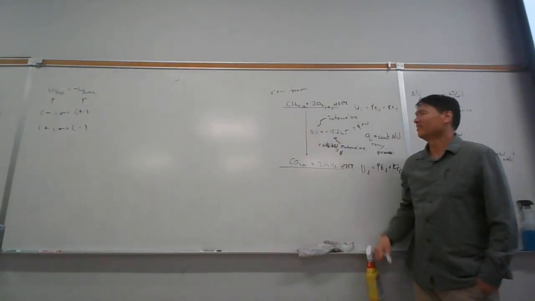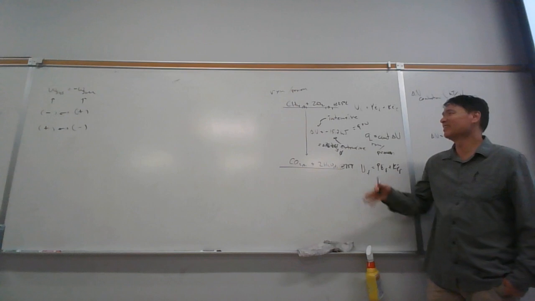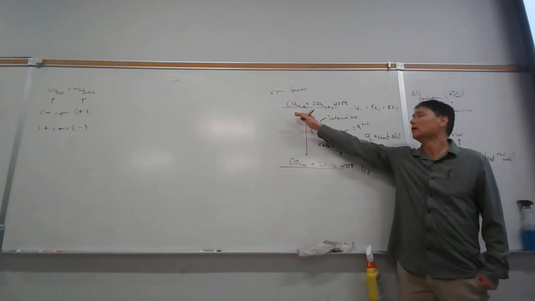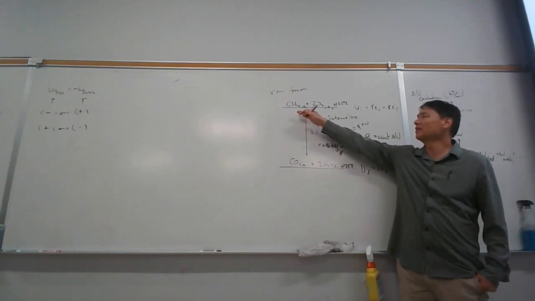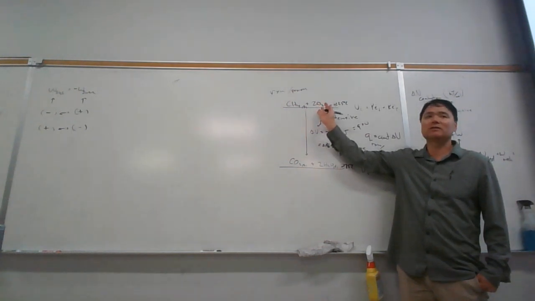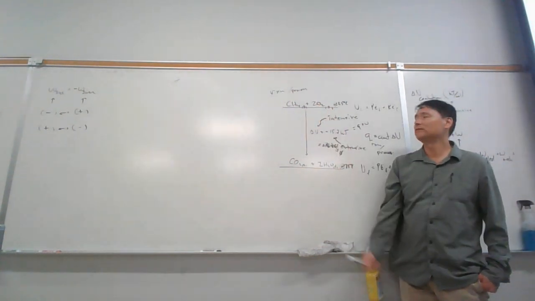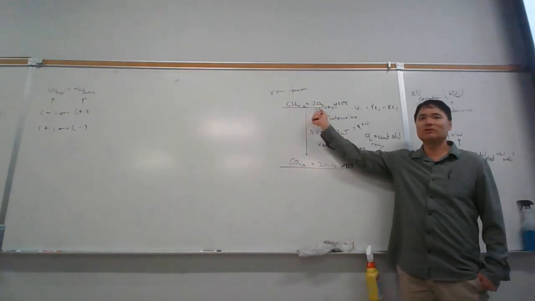Just roughly, let's say 25 liters. And so 1 mole of methane is 25 liters. 2 moles of oxygen is how many liters? 50. So altogether we have 75 liters of gas here.